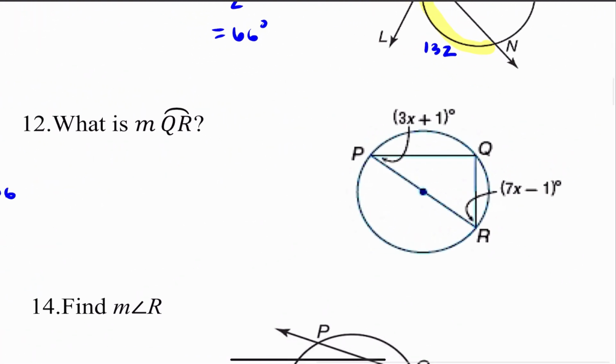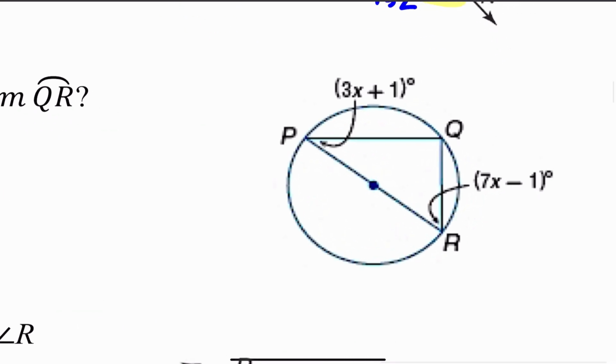Number 12, what is the measure of arc QR? Note that you're given a triangle where one of the side lengths goes through the center of the circle. So this is the diameter.